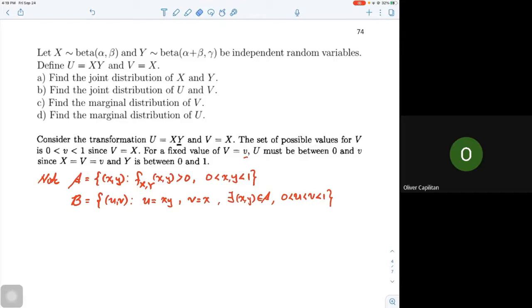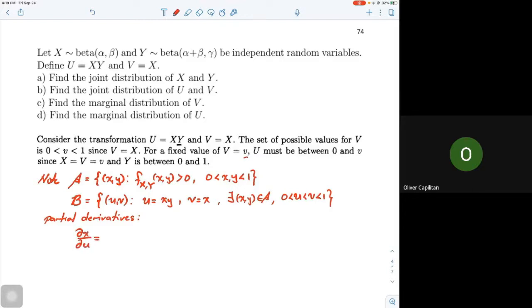What do we have? The partial derivative of x with respect to u.